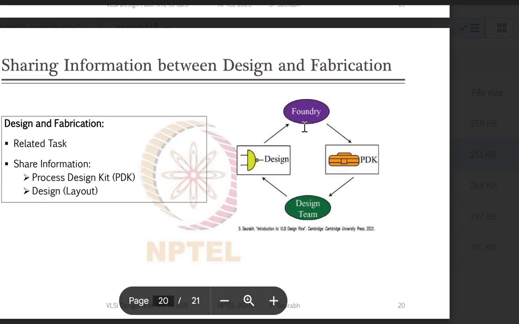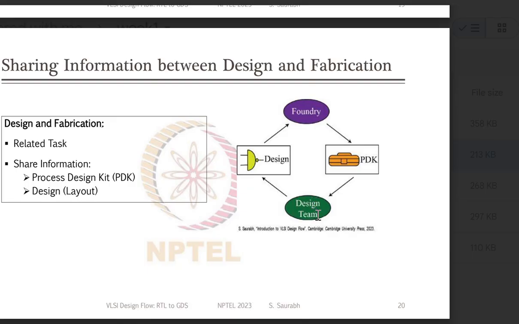Yeah, this one. So the design team makes some design and they give that design to the foundry. The physical design layout, the properly detailed layout description, they give to the foundry, and the foundry will produce the chip.